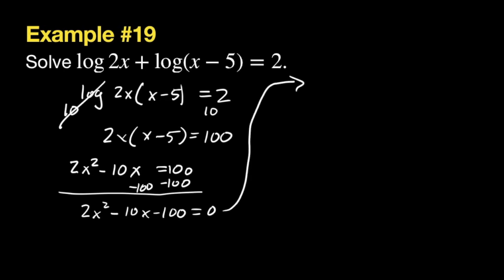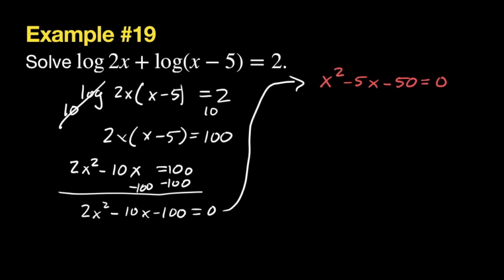And we just need to solve for that portion. You can divide everything by 2. So we have x squared minus 5x minus 50 is equal to 0.